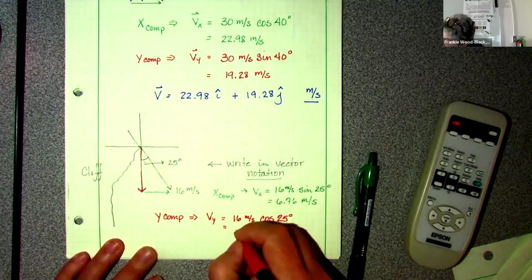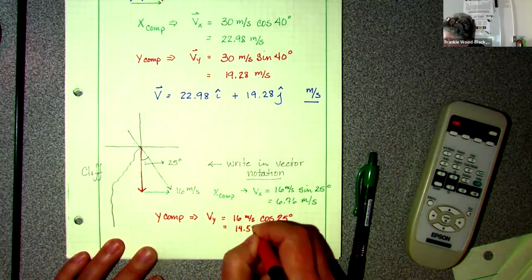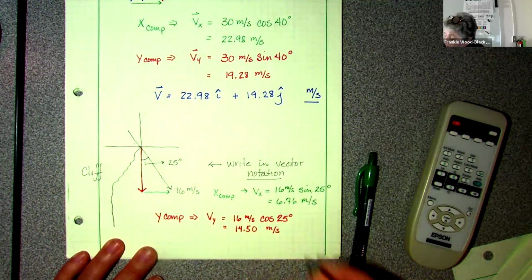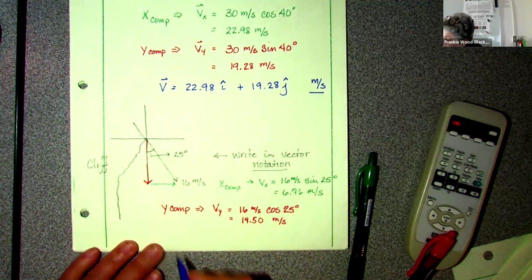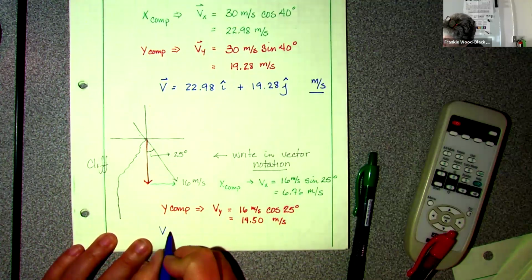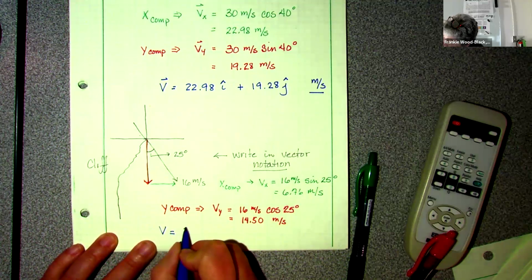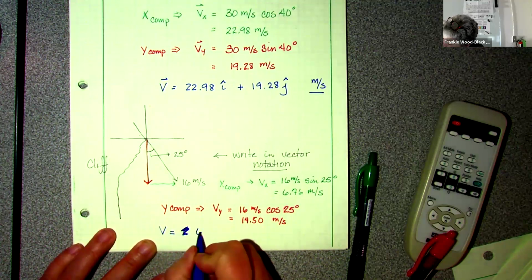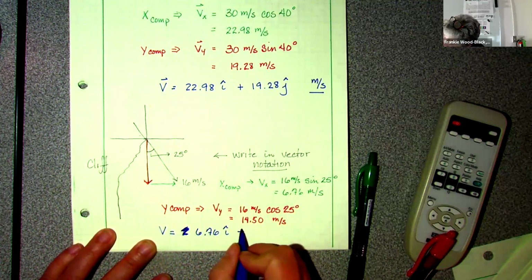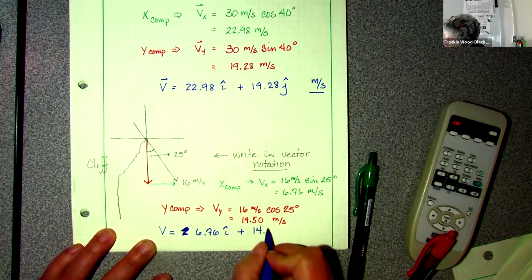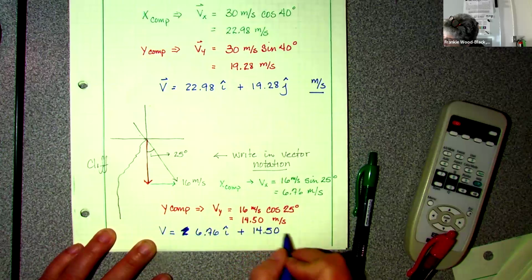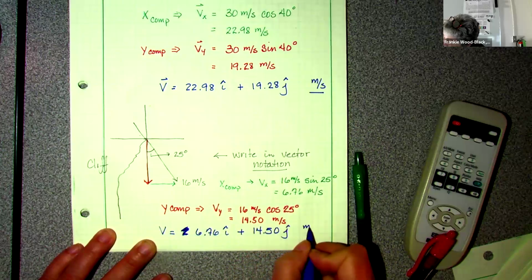And that's going to give me 14.50 meters per second. So now I can write it in my vector component form: 6.76 in the i direction plus 14.50 in the j direction, and that's in meters per second.